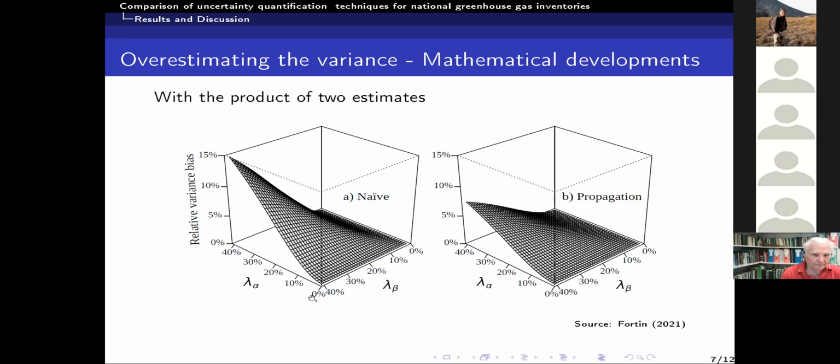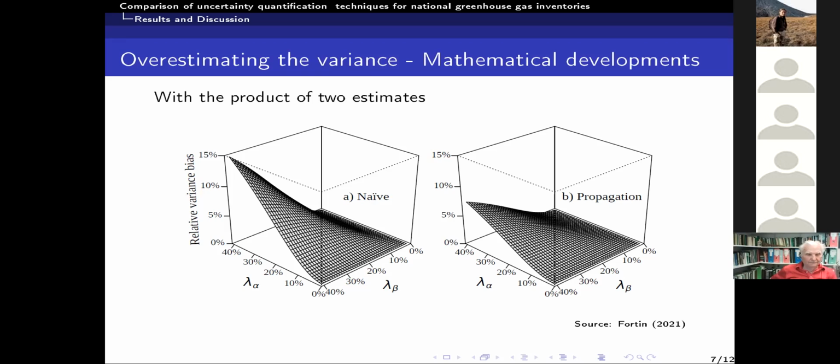So basically, if we have the product of two estimates in order to get our estimated greenhouse gas emissions, and if we use a naive variance estimator and we have a 30% relative standard error in our alpha hat and a 30% in alpha, we stand somewhere here. We have a 10% overestimation of the variance. If we take a look at the propagation base, which is the first method suggested by the IPCC, the bias is approximately half that of the naive variance estimator.